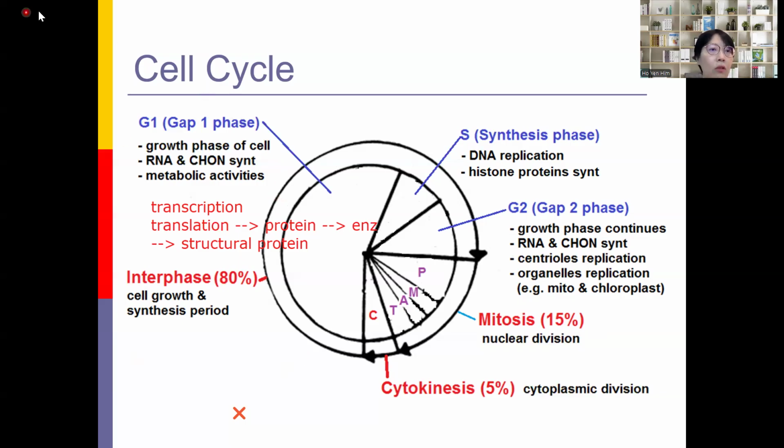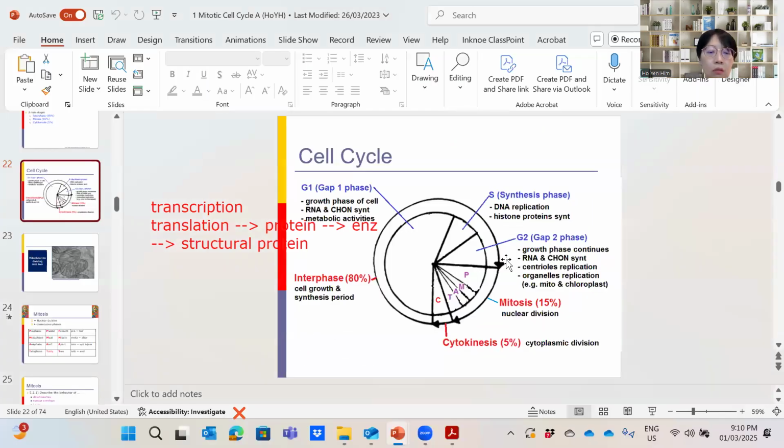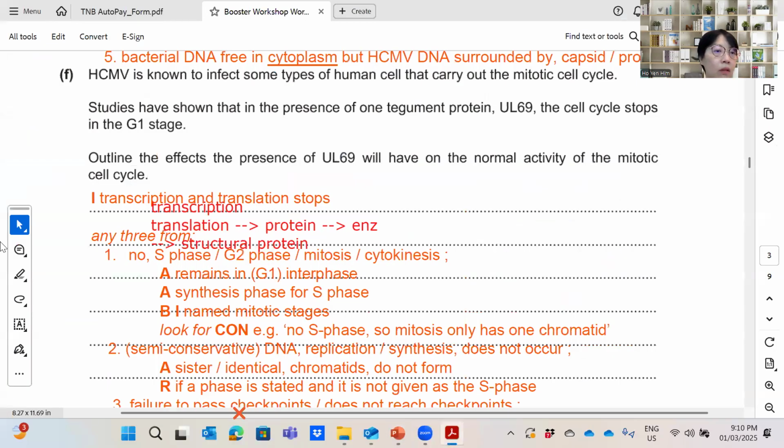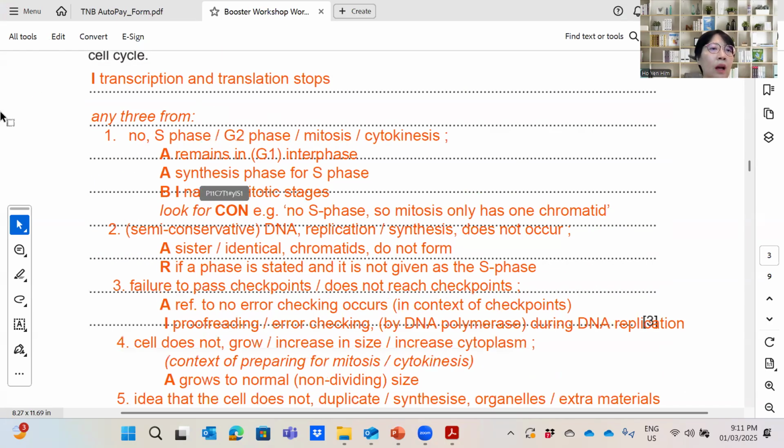So let's go back to the question. Right. So outline the effect the presence of UL69 will have on the normal activity of mitosis cells. Okay, so when G1 is affected, how does it affect the cell? So let's look at the answer here.